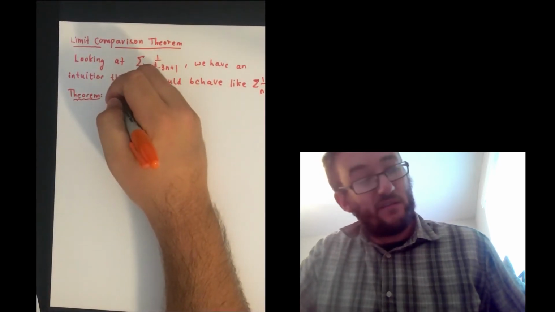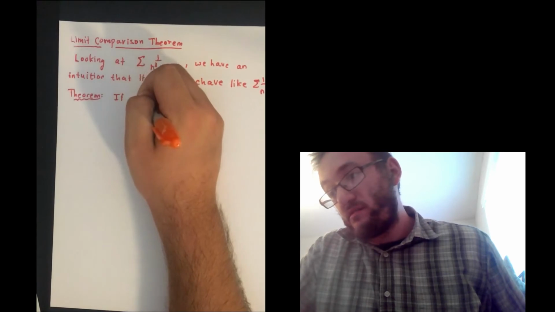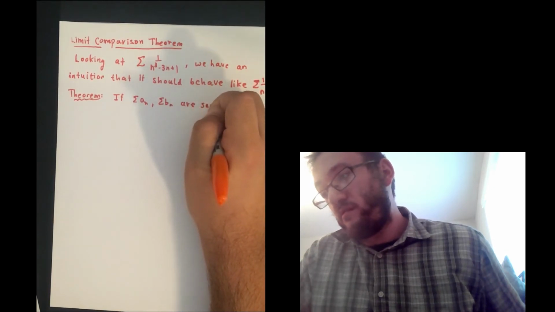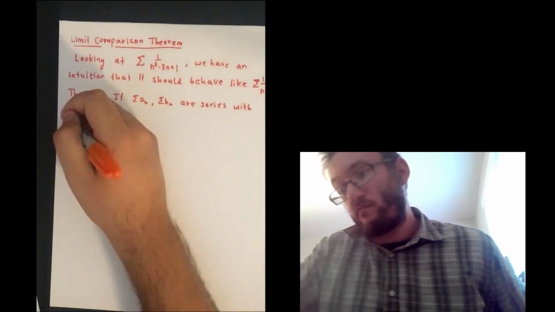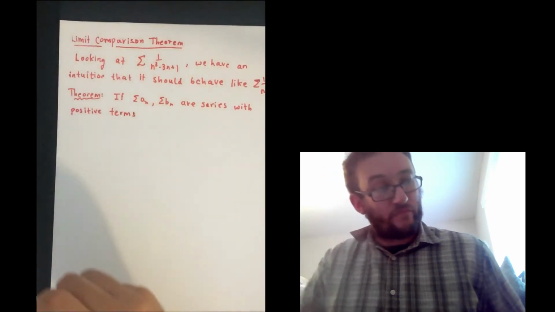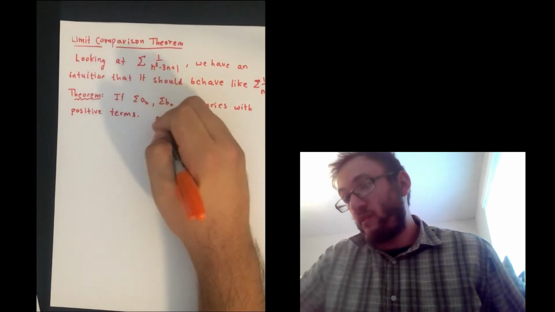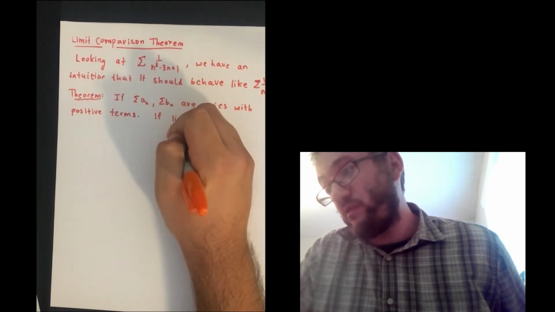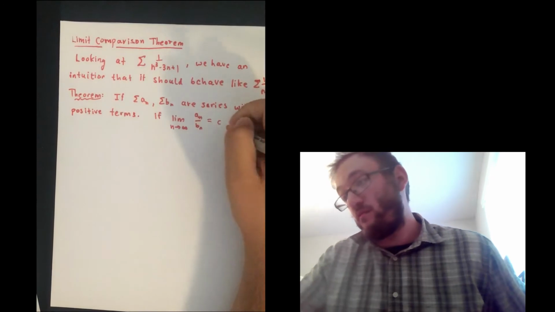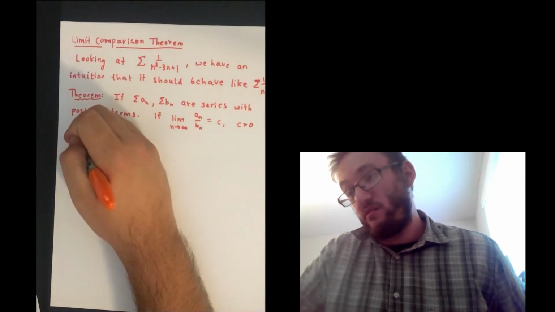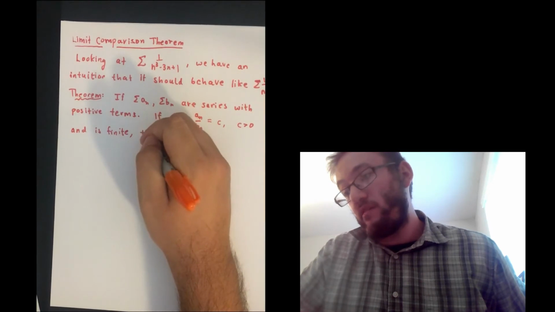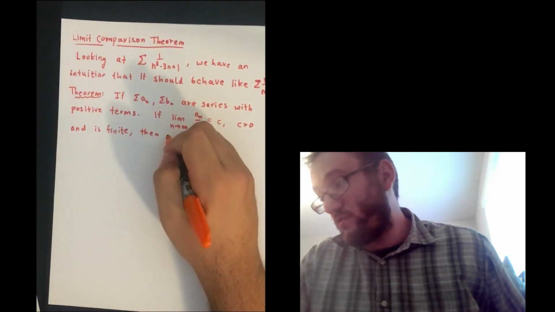If you have two series, sum of an and sum of bn, and they're series with positive terms, if the limit as n goes to infinity of an over bn equals c, where c is greater than 0 and is finite, then one of the following things has to hold.